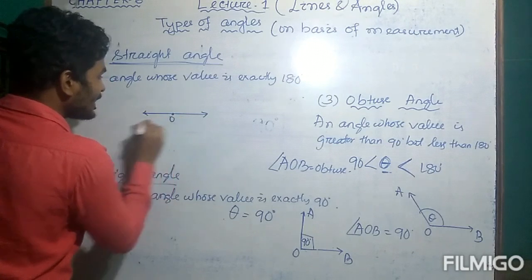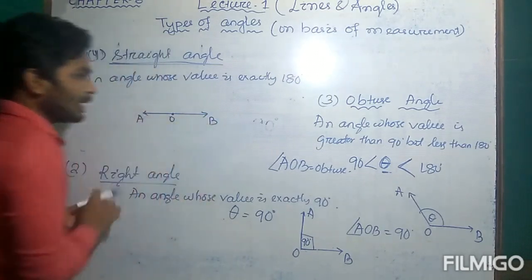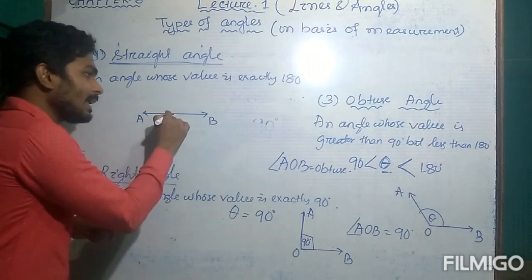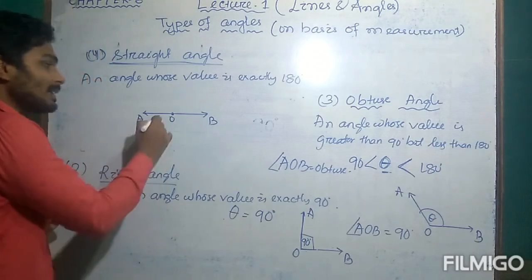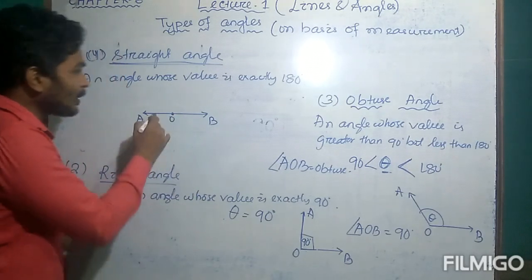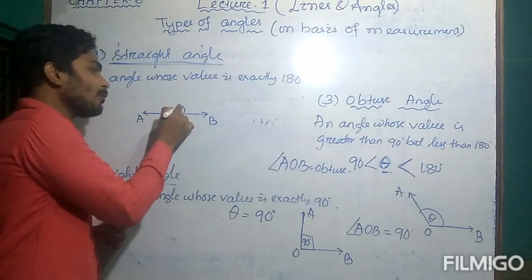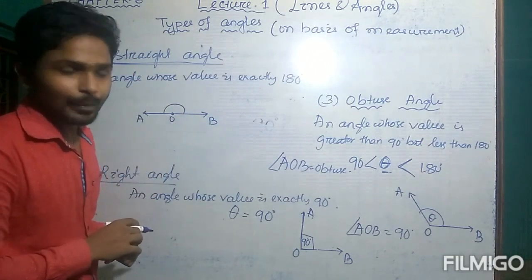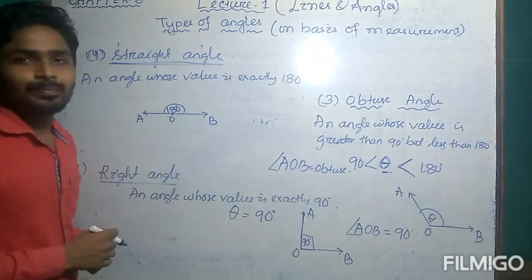Suppose this is a ray OA, and this is another ray OB. These two rays have a common endpoint, that is O. O is the vertex. As we know, whenever two rays have the same origin point, they will form an angle in between them. Now the value of this angle is 180 degrees.